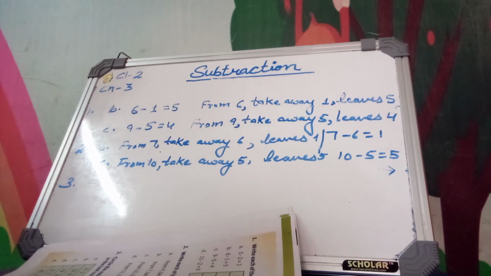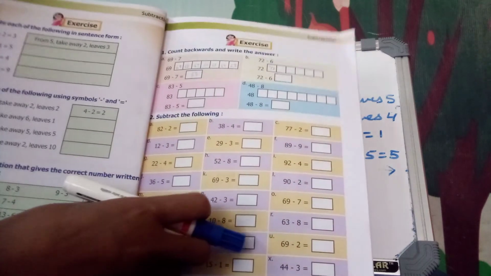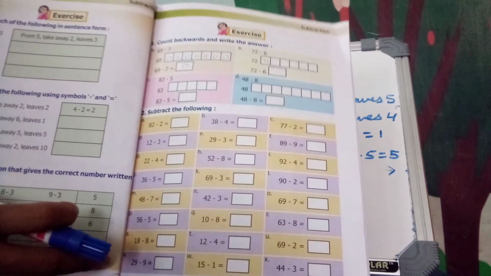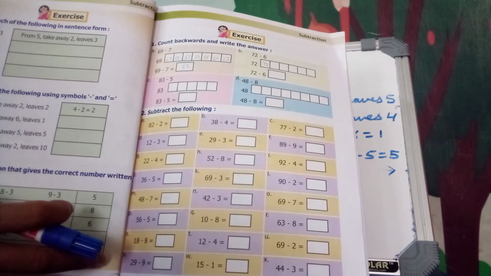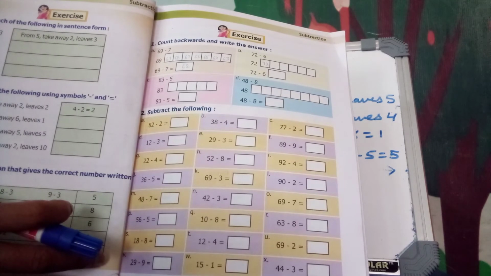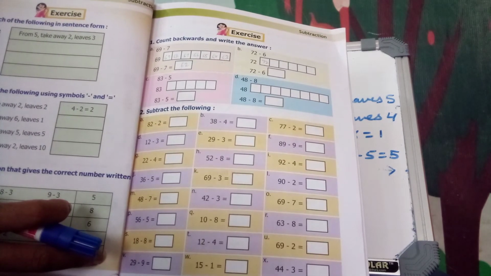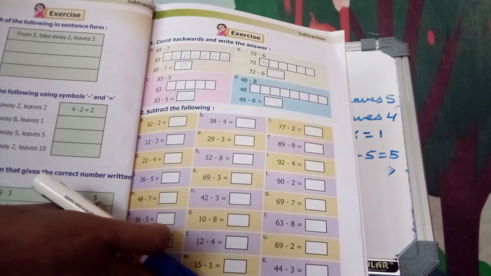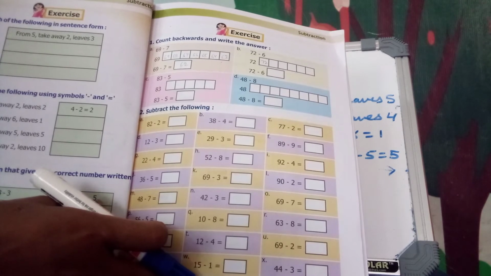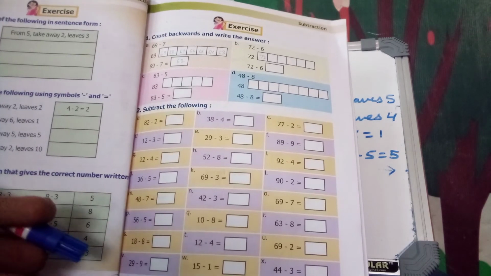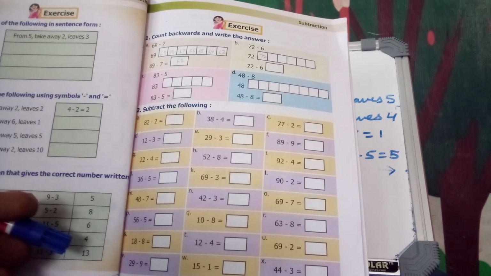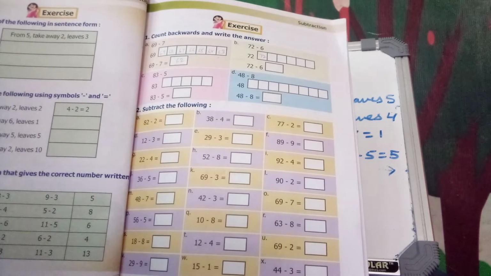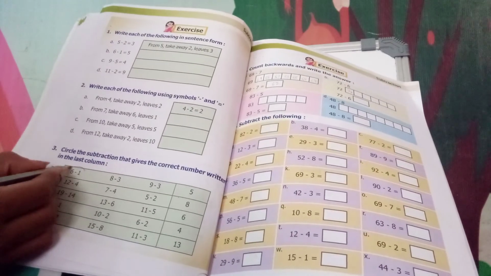Now see these numbers. 6 minus 1, if we subtract 1 from 6, the answer will be 5. Look at here, this is 5, the answer will be 5. This one is correct. We will circle here.